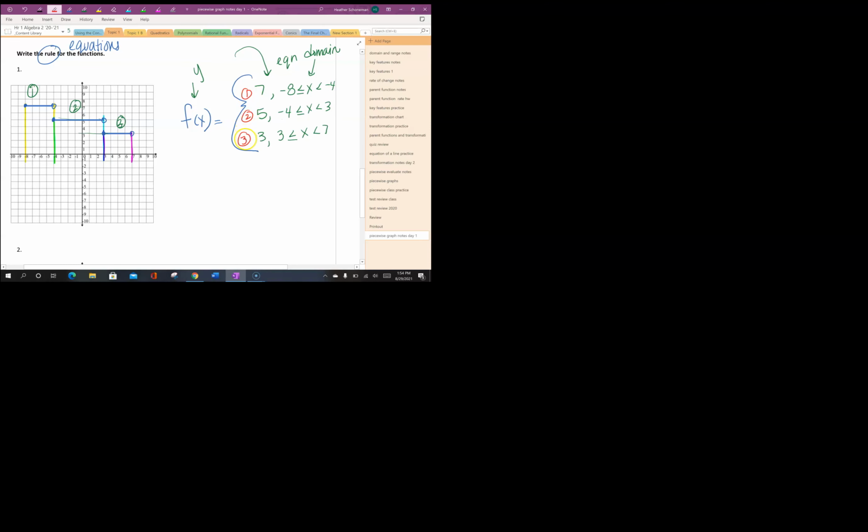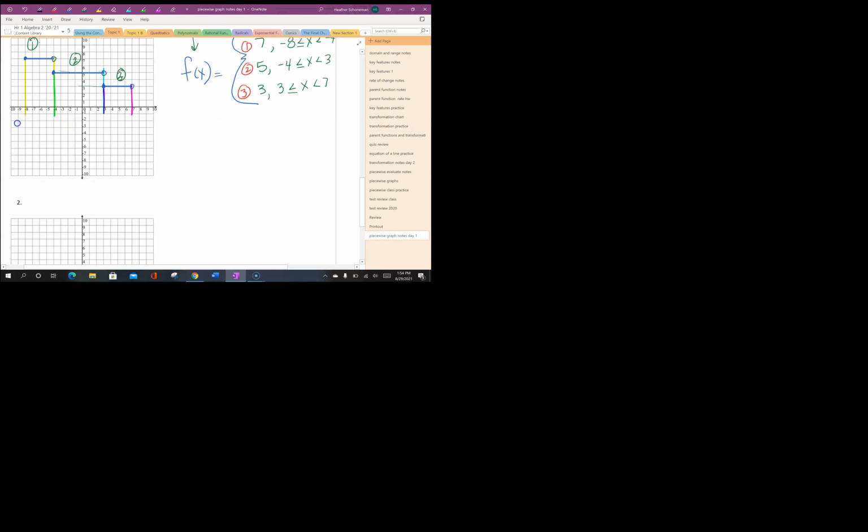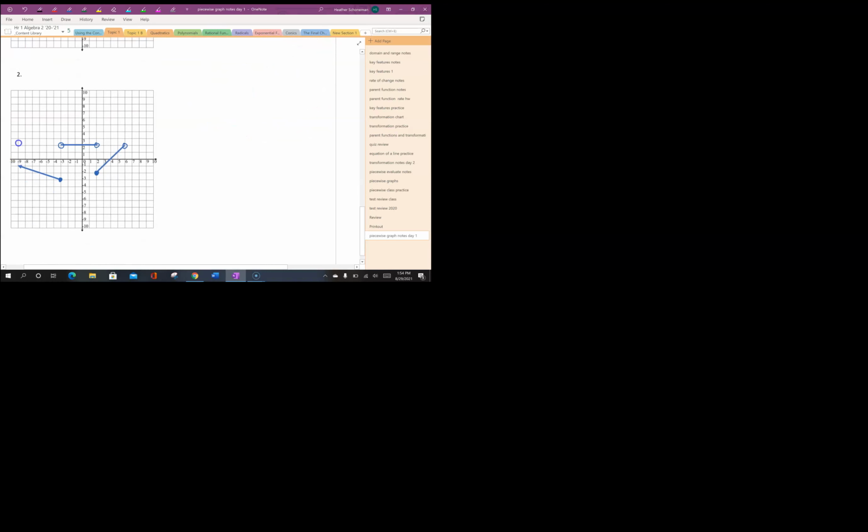Now, where I just wrote the 1, 2, and 3, that matches this 1, 2, and 3, but you don't write that in your equation. I was just trying to help you get it all matched up. Okay, let's see if we can do this again for number 2. So this one is going to have 3 equations, and we're going to write them in that order from left to right.